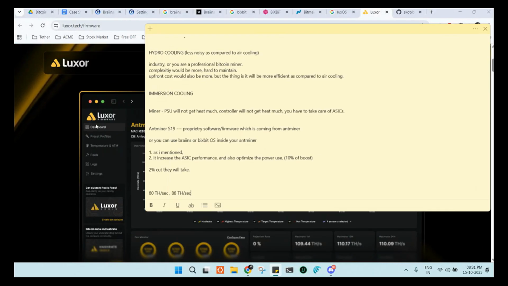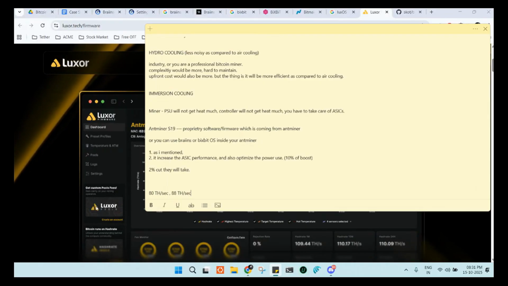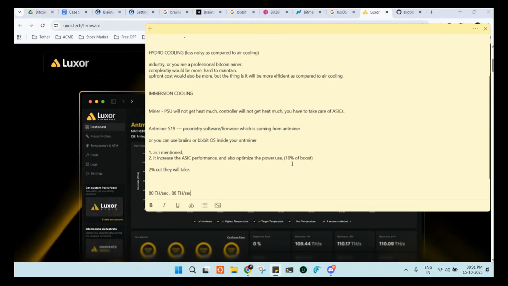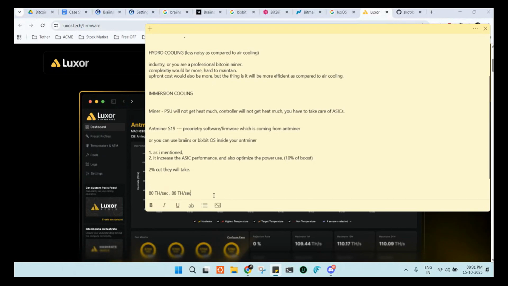With the help of these customizations, sometimes you will be able to get a boost of roughly 10%, 15%, or 20%. If they are giving you something around 88 terahash per second, then they will take a 2% cut and it will go to their address.